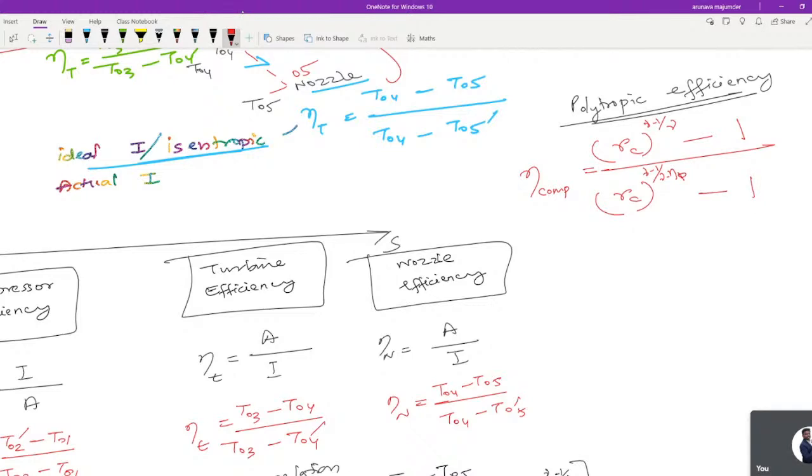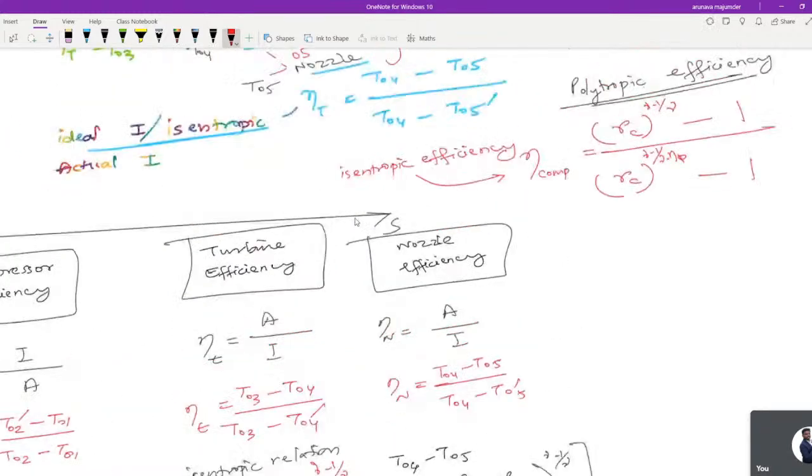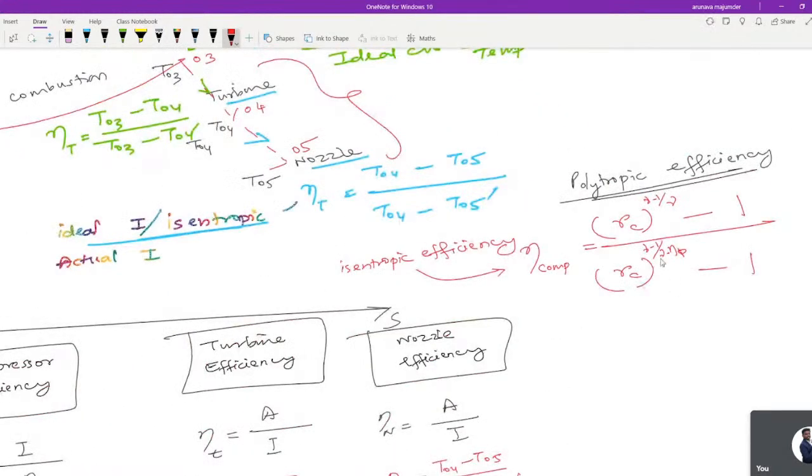So if they have given some isentropic efficiency and polytropic efficiency together, they have given you some value. And RC, I already said the meaning of RC, it's the compressor pressure ratio, right? Gamma is the adiabatic index, substitute 1.4. So you can use this formula, and see which component they have given. This is for the compressor.